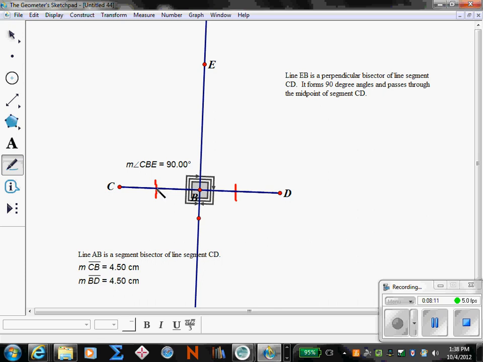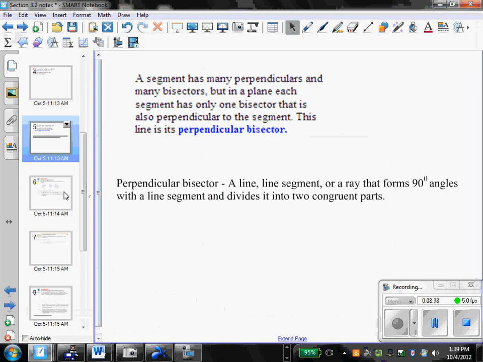Probably could have done it with this as well, showing the segments. So there we go. So now you can put that picture in your notes with perpendicular bisector. Please put the video on pause anytime you need to.